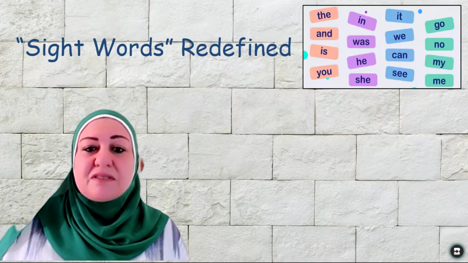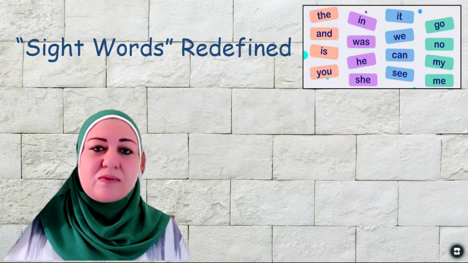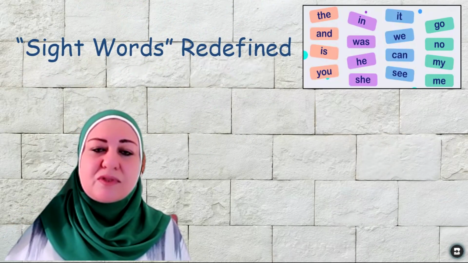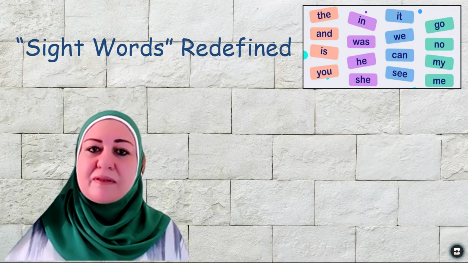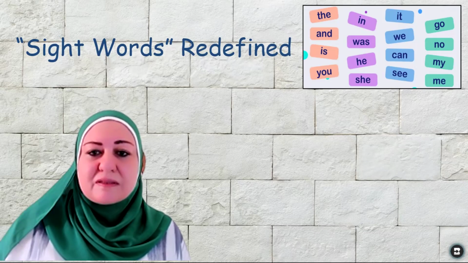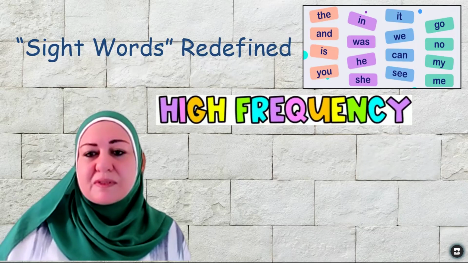First, let's redefine what we mean by sight words. In many schools, teachers use the words sight words and high frequency words interchangeably, but they're actually different. What they're referring to are high frequency words.